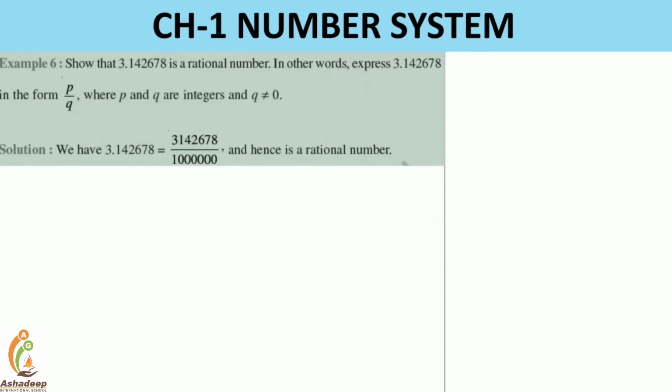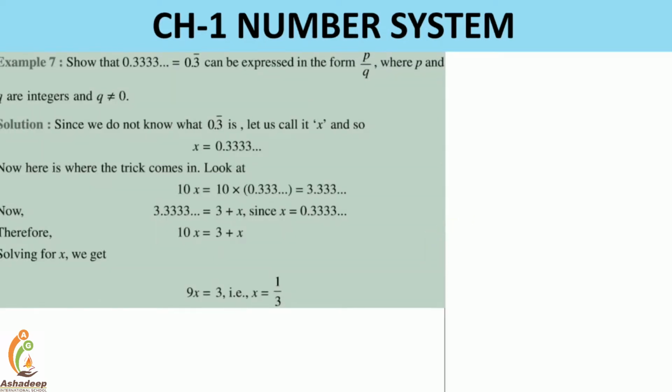Now let's move ahead with another sum. Show that 0.333, or you can say 0.3 bar, which we saw in the previous lecture, can be expressed in the form of p by q, where p and q are integers, right? Now remember one thing. First of all, let x equal 0.3 bar.